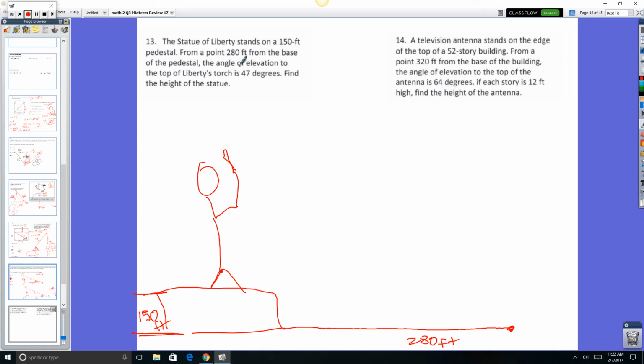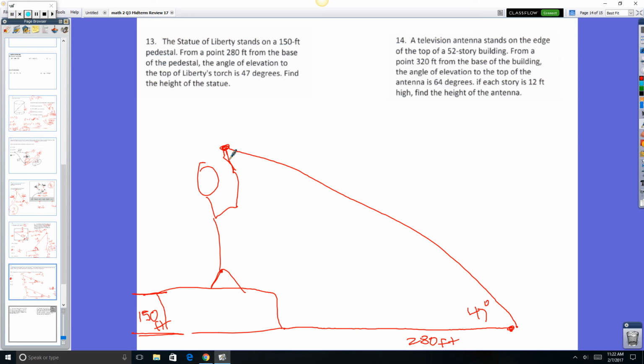The angle of elevation to the top of the torch, to there, is 47. Find how tall the statue is.